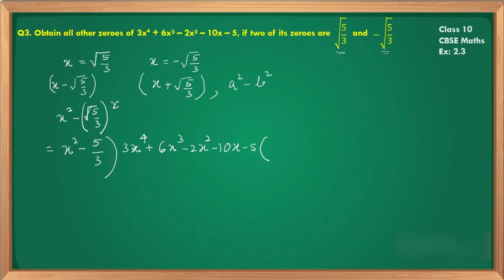Now to start with, you require 3x to the power 4, but you have x square here. So you need to multiply 3x square so that you get 3x to the power 4. Now the same 3x square is to be multiplied with minus 5 by 3. Let us do separately, 3x square into minus 5 by 3. 3 gets cancelled, you get minus 5x square.